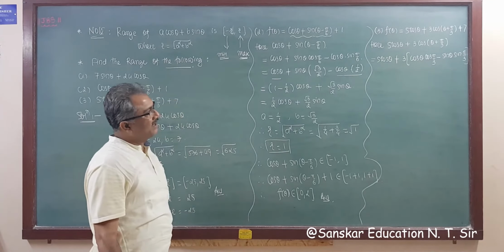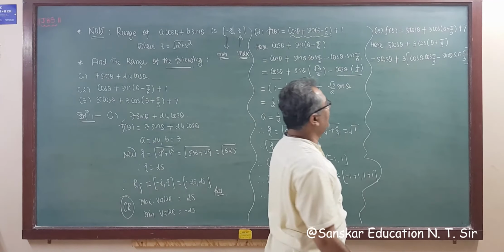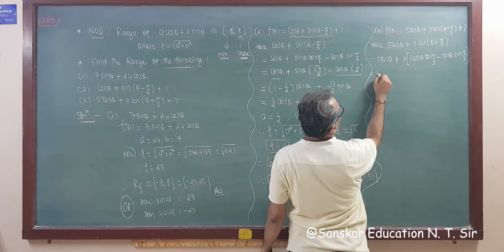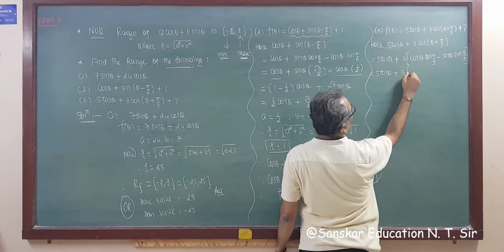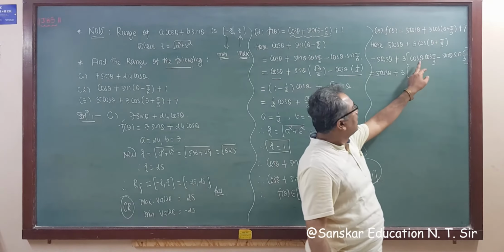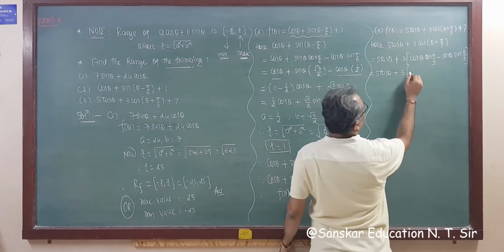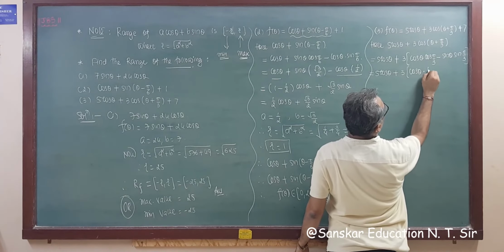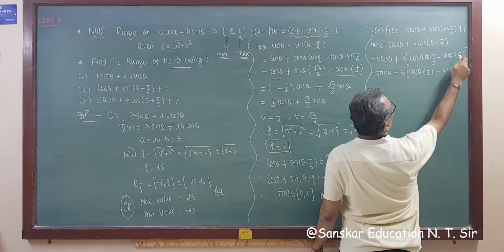So I'm not writing the formula now because you have to remember all formulas, right? You have memorized it. So this is 5 cos theta plus 3 times, right? So cos theta into cos pi by 3, cos 60 is half. So this is cos theta into 1 upon 2 minus sin theta into sin pi by 3.